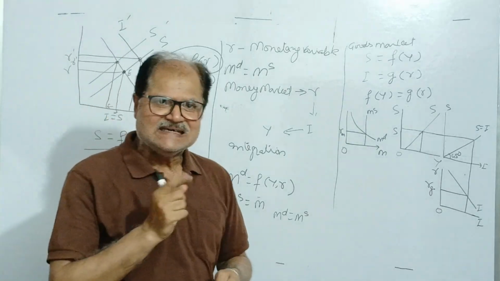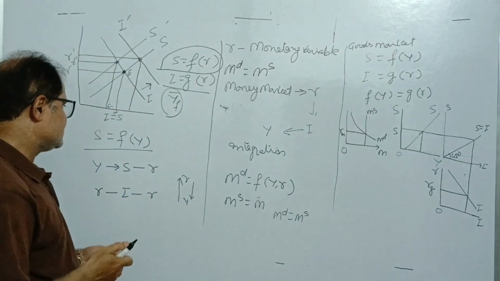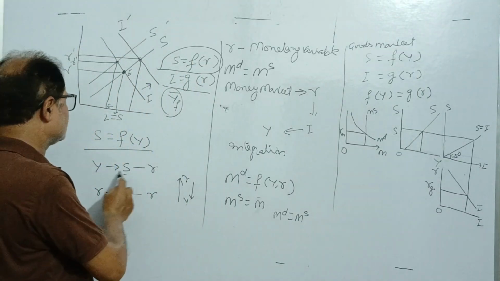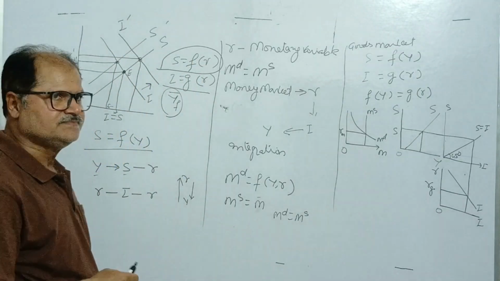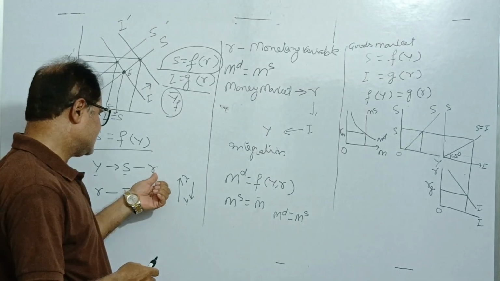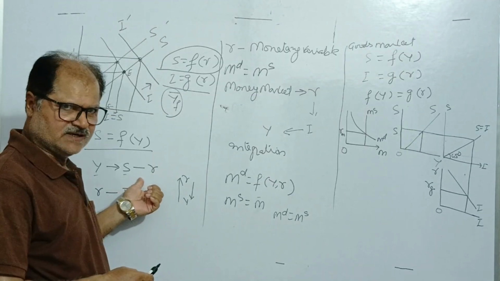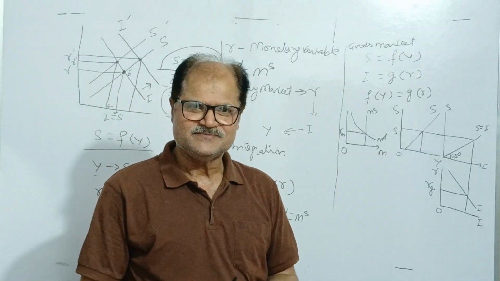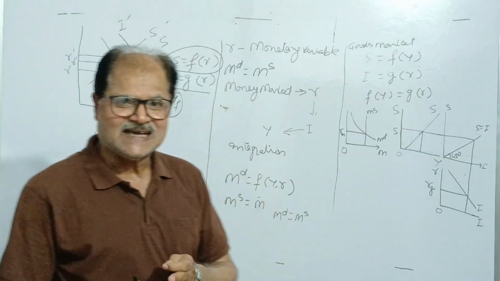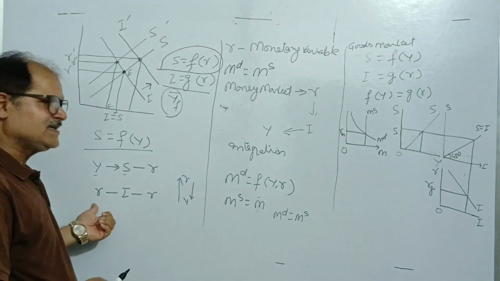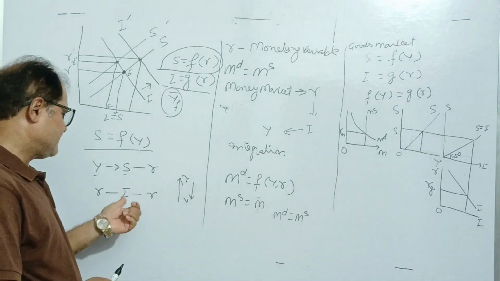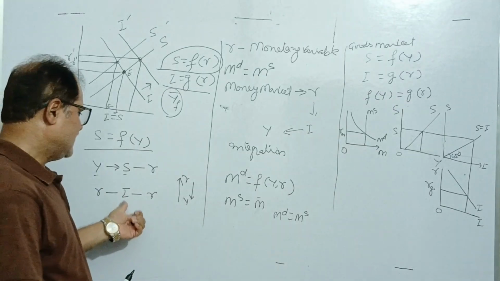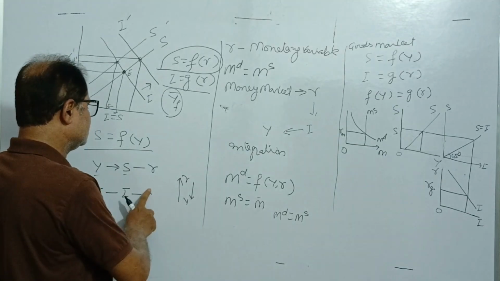Now, Keynes says that since saving depends upon income and rate of interest depends upon saving, so, to know the rate of interest, income must be known. On the other side, rate of interest affects investment and investment affects income.